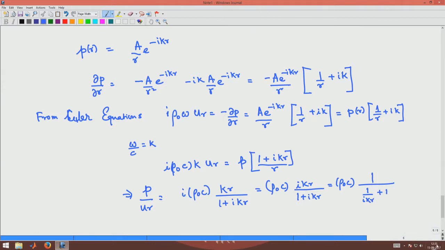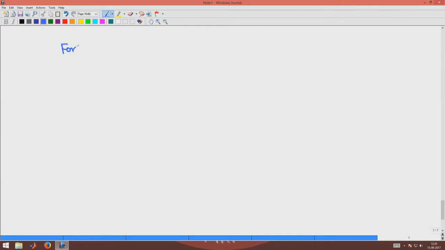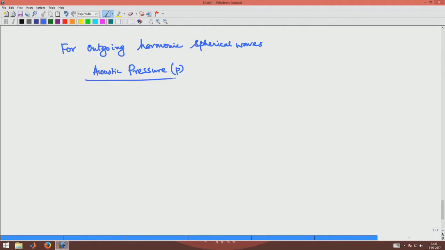So, this is a very crucial result, that for outgoing harmonic plane waves, not plane waves, spherical waves, the acoustic pressure P divided by radial particle velocity u r turns out to be rho 0 c into 1 divided by 1 by i k r plus 1.